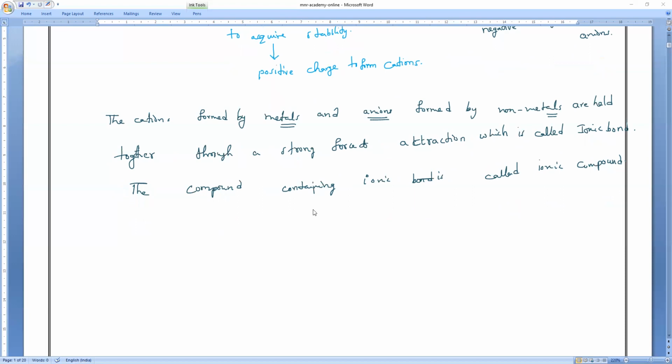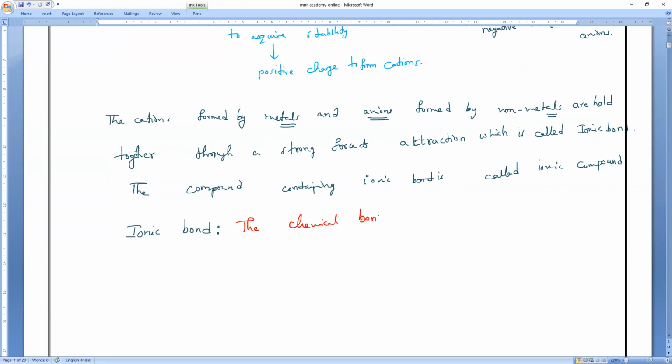That is what we call an ionic bond. Write it. That is very important. So ionic bond means no sharing of electrons. How will the ionic bond form? By complete transfer of electrons. Very important.